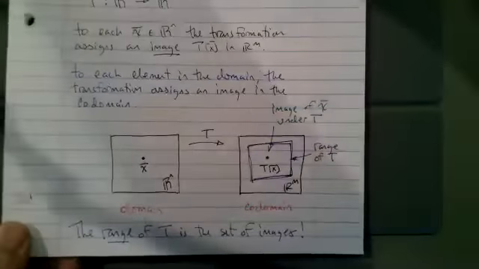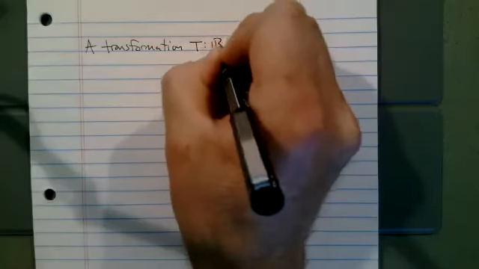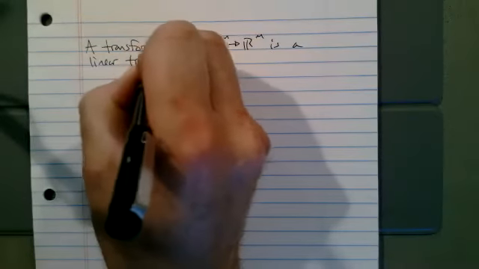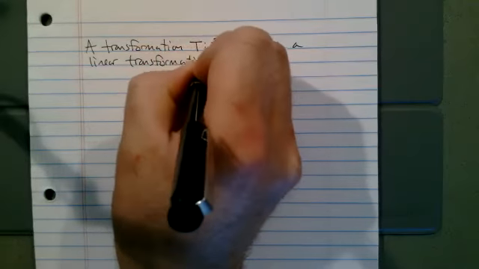A linear transformation has some specific rules to it. A transformation T going from Rn to Rm is called a linear transformation if certain rules apply.